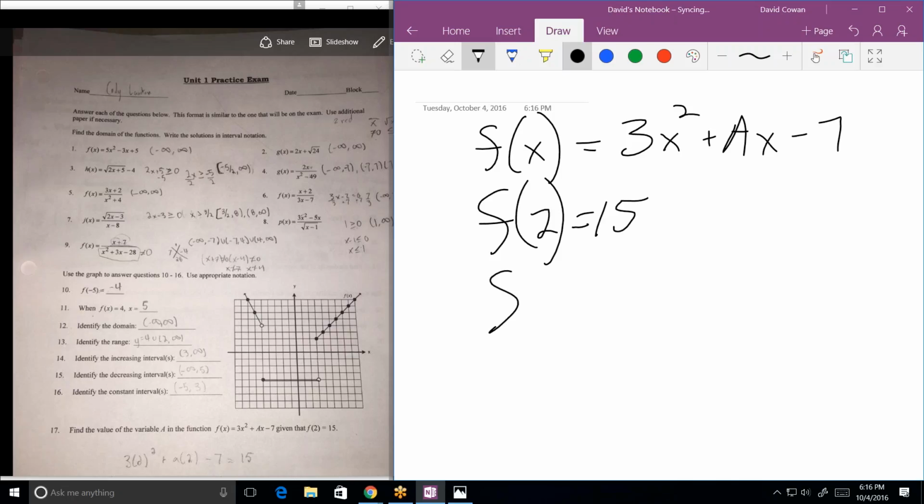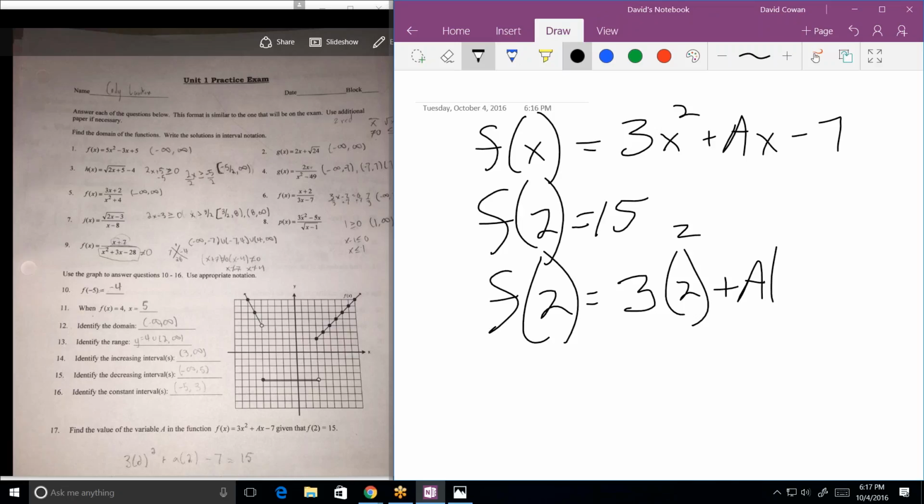Well, what's f of 2 by our rules? What do you do with the 2? Put the 2 in for x. Okay, so what's that give you? 3 times 2 squared plus a times 2 minus 7.